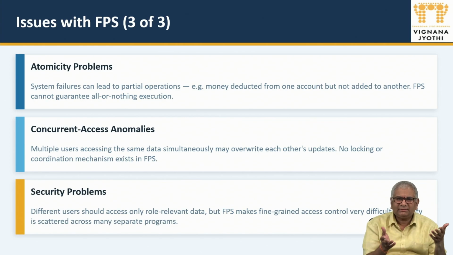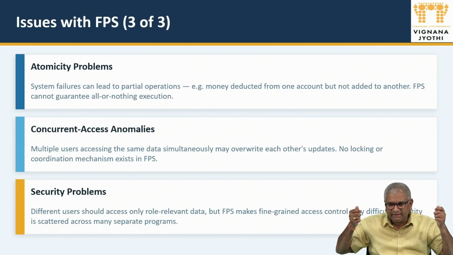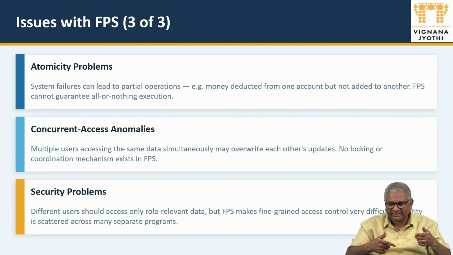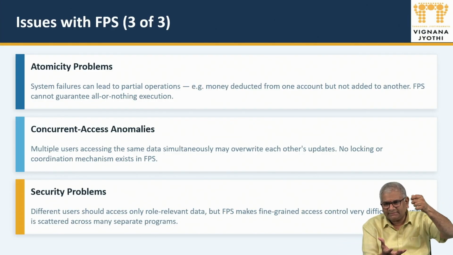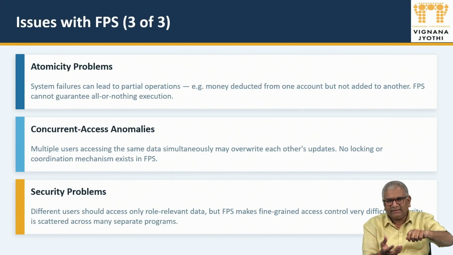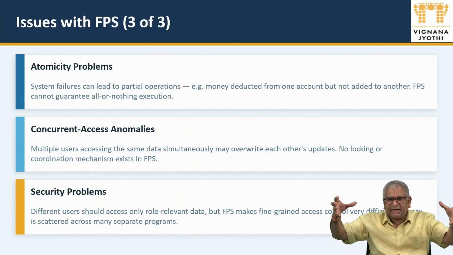Concurrent access anomalies are the same kind of thing. Let's say I have 100 rupees in my account. Two people are concurrently adding 10 rupees and 20 rupees. Both of them come at the same time and both read 100.